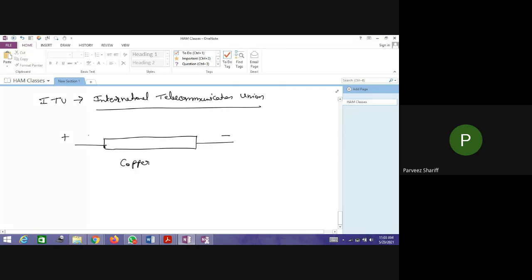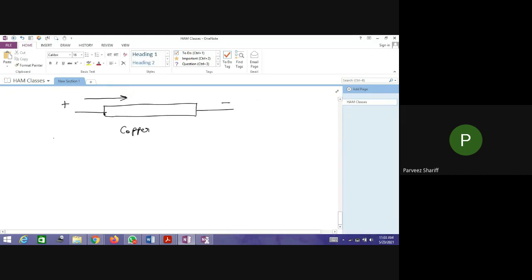So the current starts flowing from positive to negative. Basically there are 2 types of voltages which we need to understand. We know the terminology: DC and AC. DC represents direct current, and AC represents alternating current.